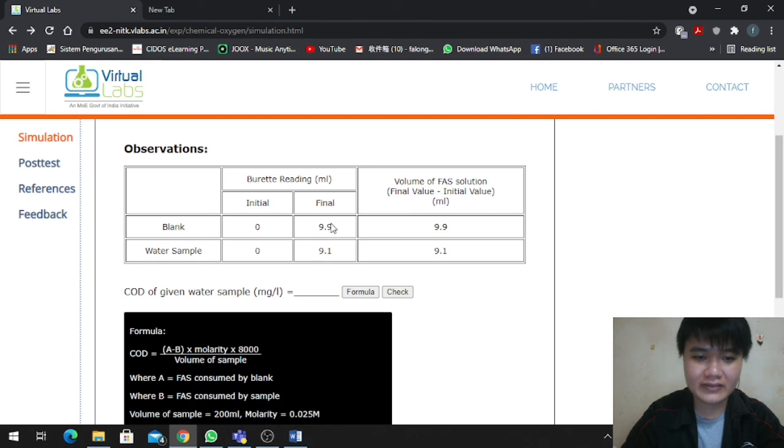Final value for blank is 9.9 minus 0 initial, we get 9.9 milliliter for FAS blank. For water sample, 9.1 minus 0, we get 9.1 milliliter.